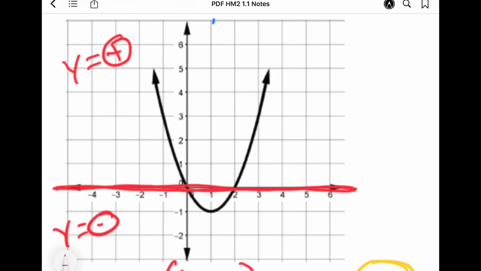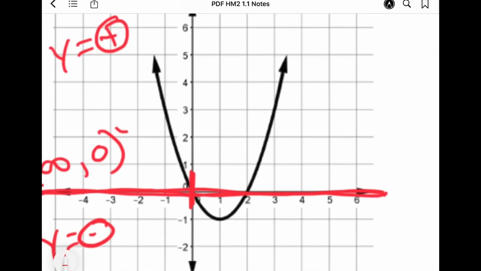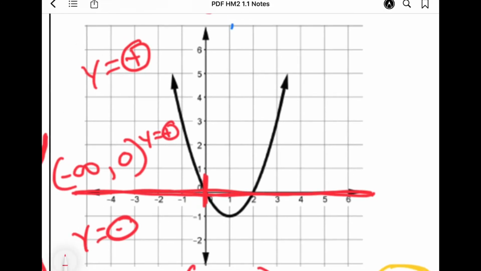So from x is negative infinity all the way to x is 0, y is positive.